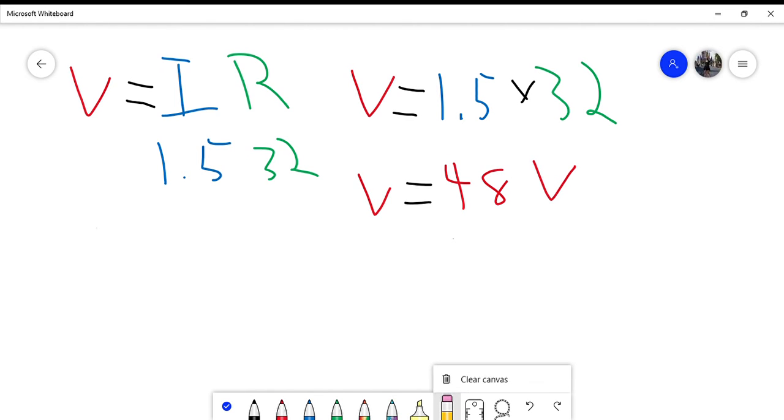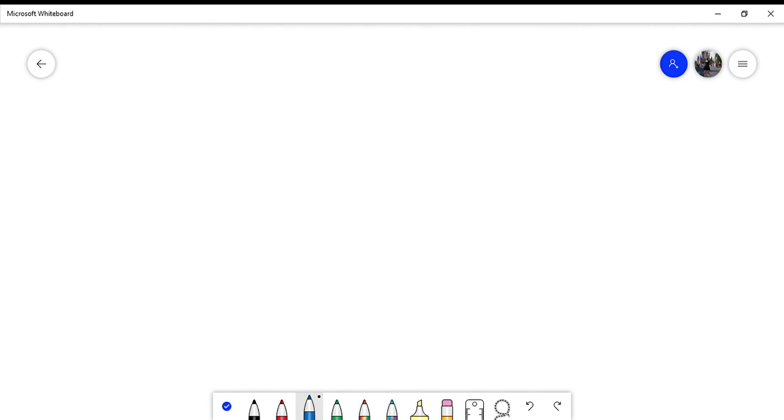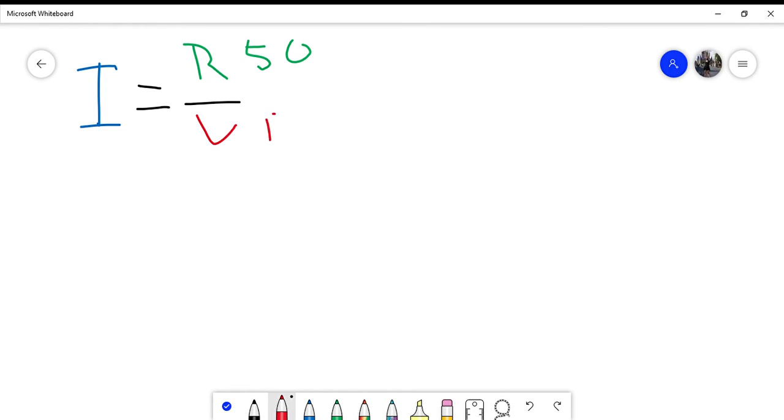Now, our next problem, we're going to be solving for current. So current is resistance over voltage. So in this problem, our resistance is 50 ohms and our voltage is 120 volts. So our current is equal to 50 divided by 120.